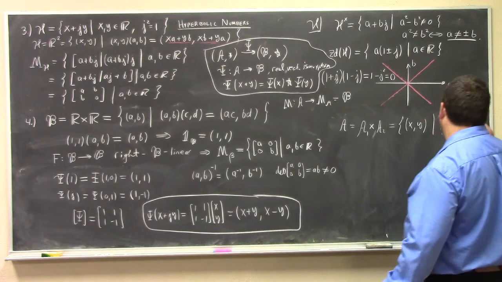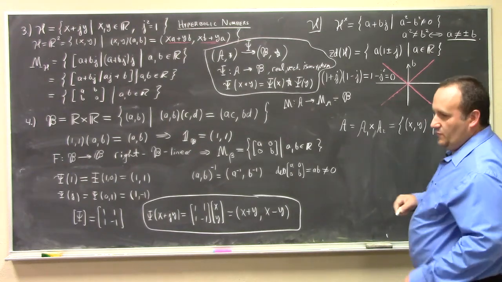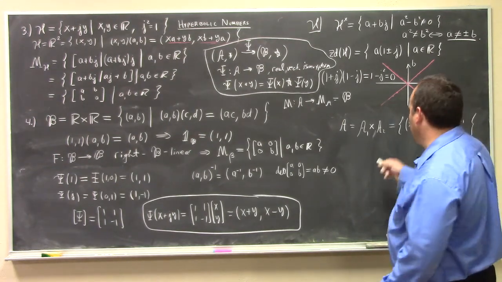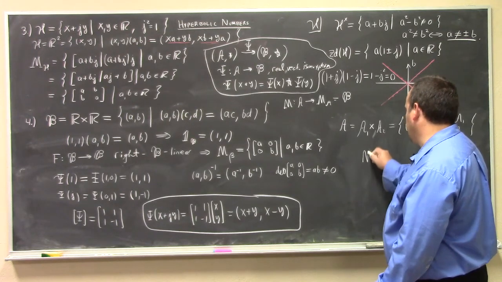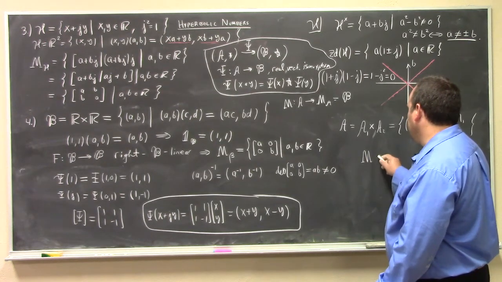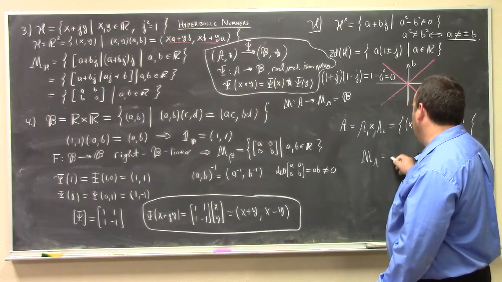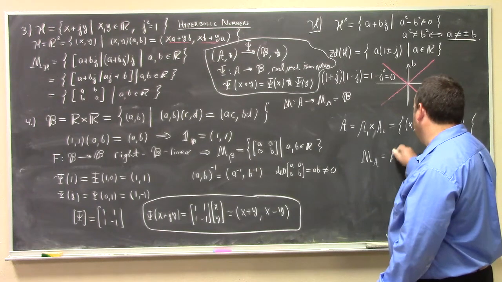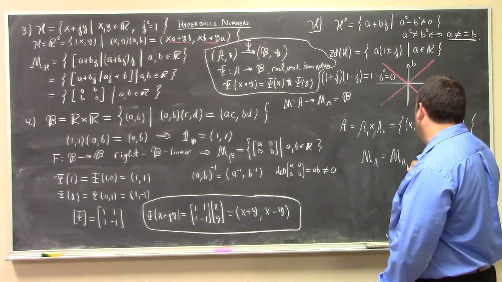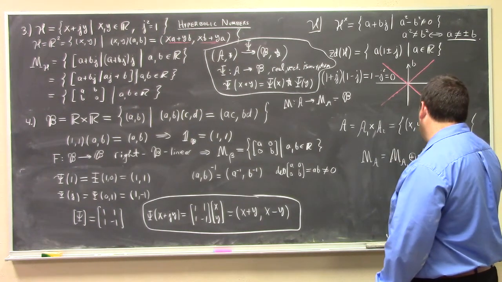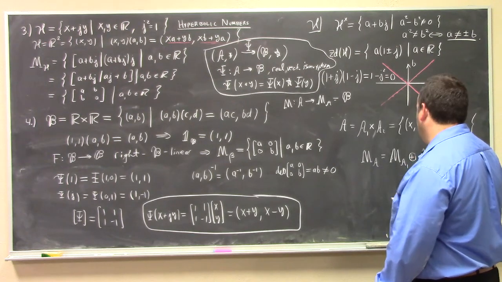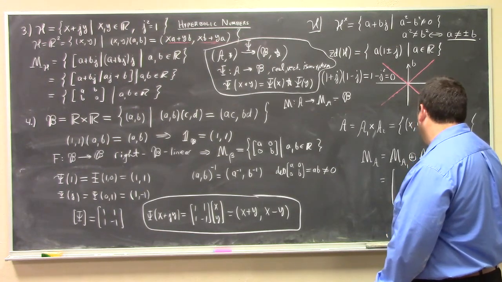And if you do this, and you choose the appropriate basis, what you'll find is that the matrix representation of A basically looks like the direct sum of the matrix representation of A1 with the matrix representation of A2. And by that I mean stuff of the form.